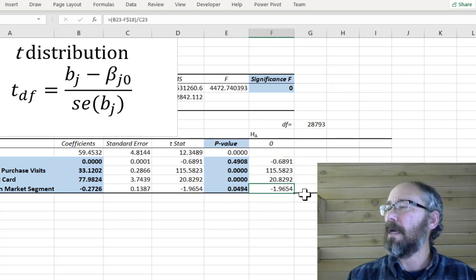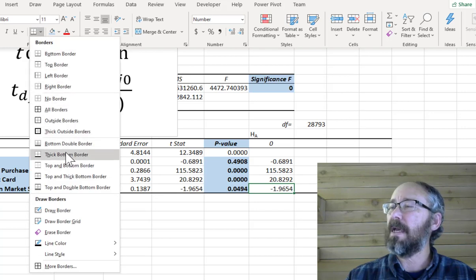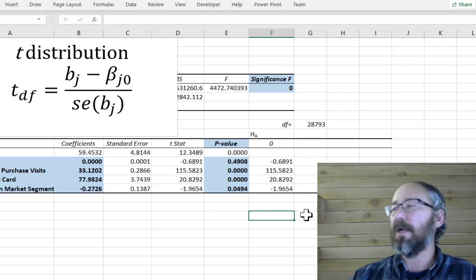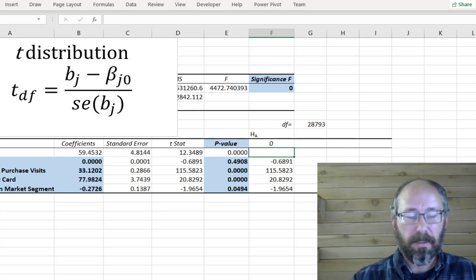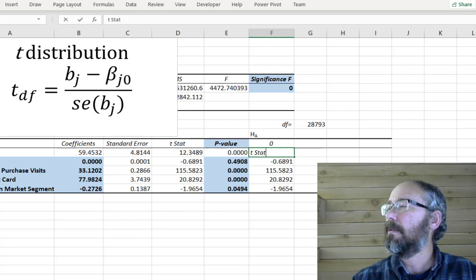Now this lack of a line always bothers me, but you don't have to obsess over that. I just like things looking nice and tidy. So there we go. We've calculated the t value. Now I'll just put it up here. This is my t stat.